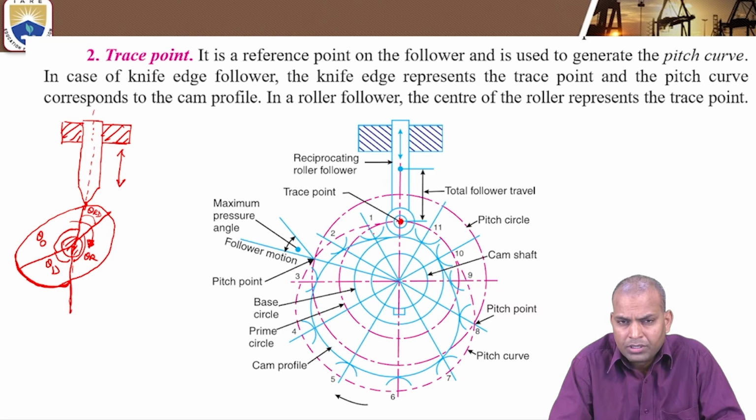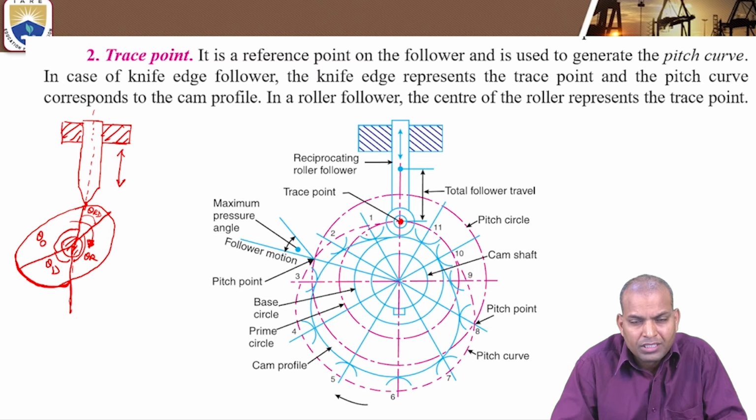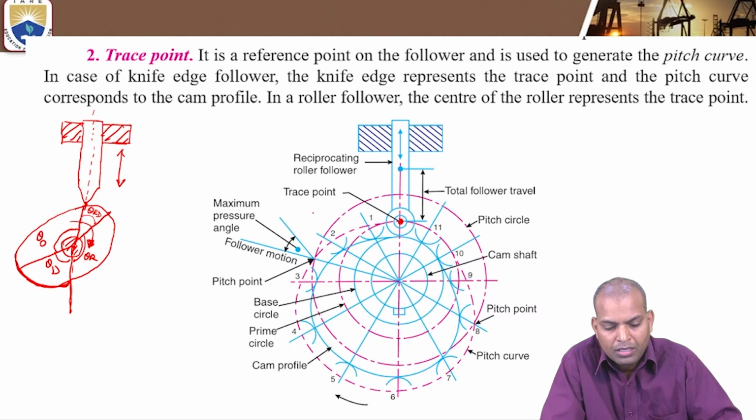In the case of a roller, this tracing point helps to draw the cam profile. How? This tracing point is the center of the rollers, where we draw the roller centers by touching the surface of all the rollers. We draw a curve, and the curve is known as the cam profile for the case of a roller follower.